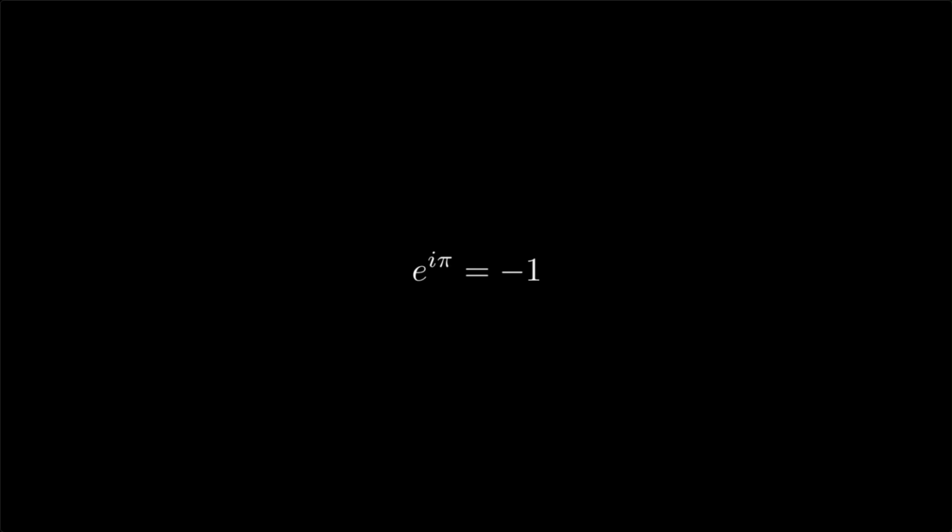But you also have to recognize that trig functions cycle. Every 2 pi radians, the function cycles back to the same value. So actually, we can expand on this definition, and we can add 2 pi k i, where k is any integer.